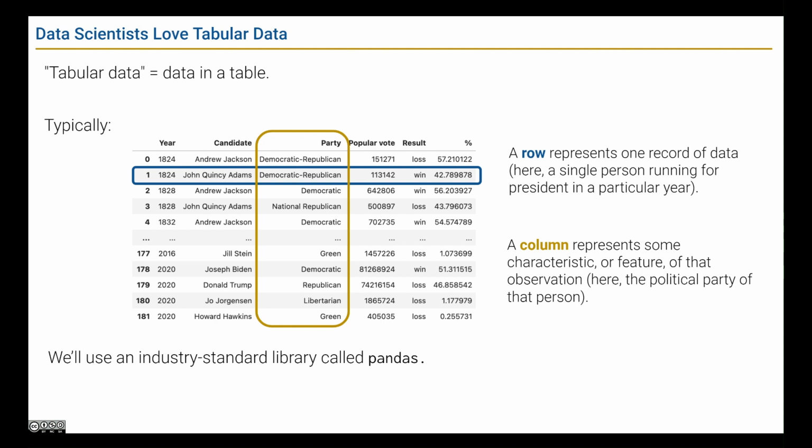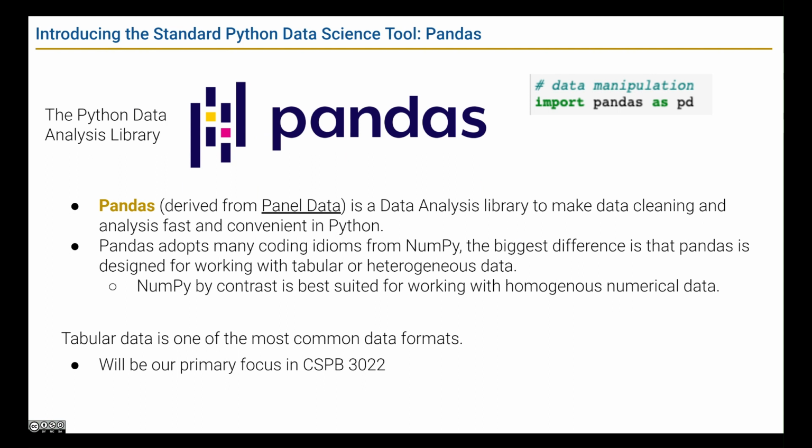Pandas is the library in Python that was designed specifically for working with tabular data, and that's what we'll be using throughout this course. So Pandas was built basically on a lot of the coding idioms from NumPy, and we'll talk about NumPy in a minute. But the biggest difference is Pandas is really designed for working with this tabular data.